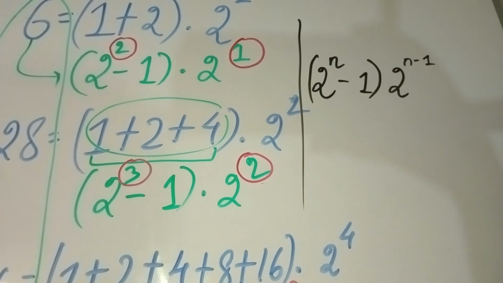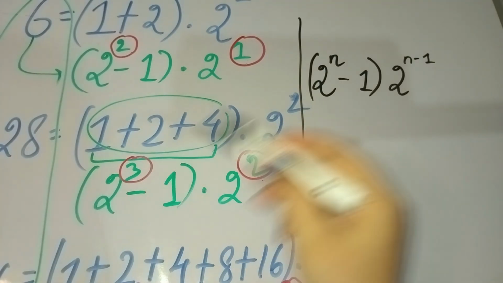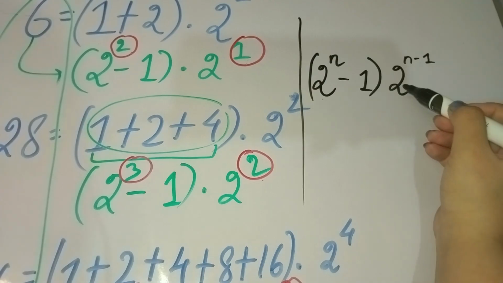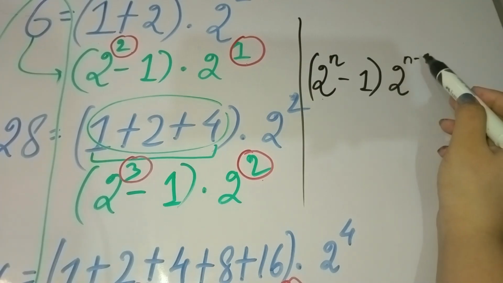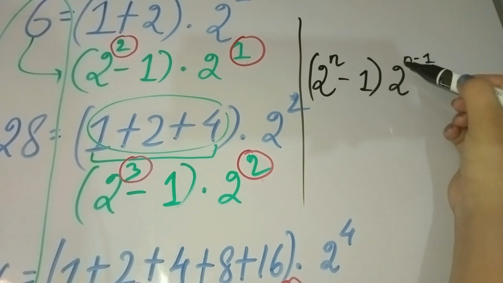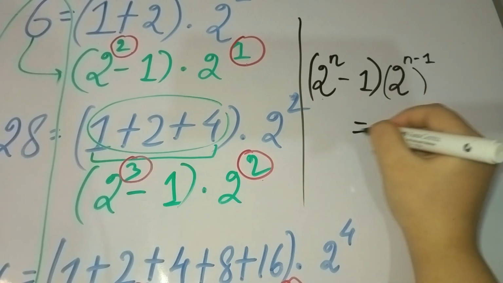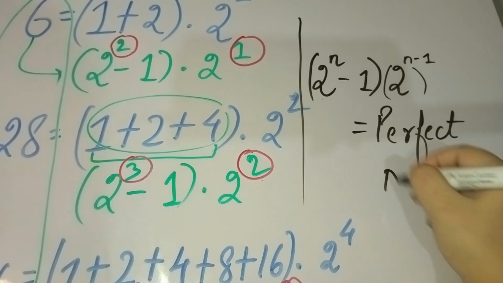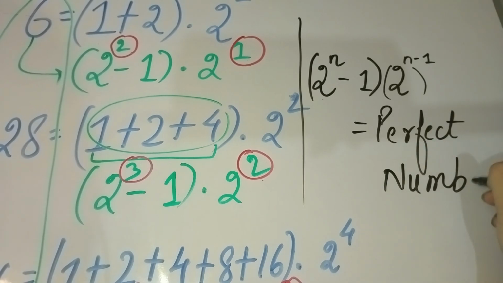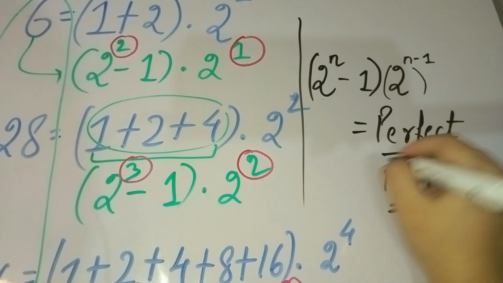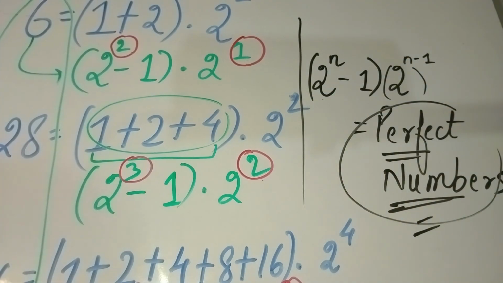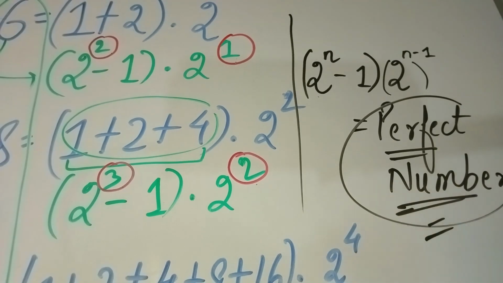So we can make a formula. This is 2 to the power n minus 1, a Mersenne prime number, and if we multiply it with 1 less than the value of n, we will always get a perfect number. So yes, it's interesting. We got the relationship between Mersenne numbers and perfect numbers. I hope it's clear to you.